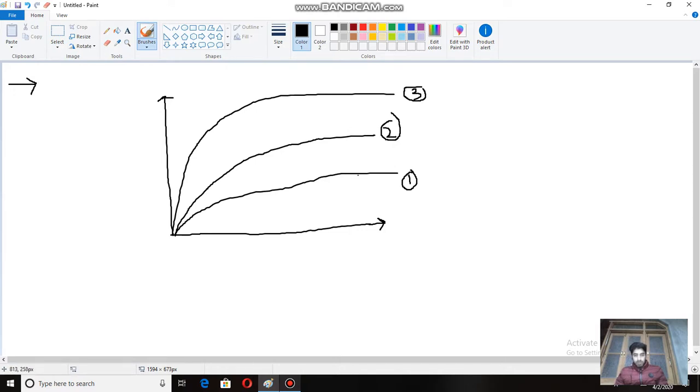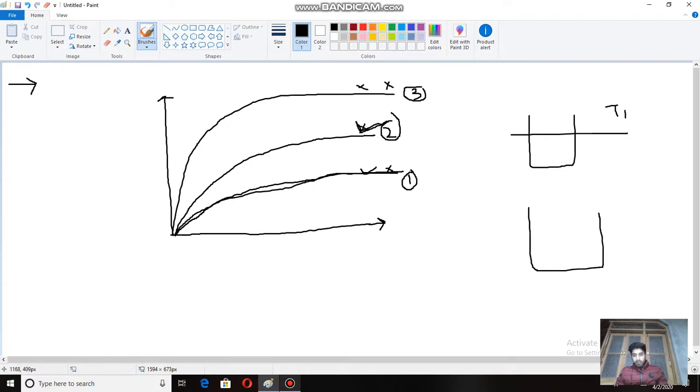First we draw this graph, forget about this and this. This was for the system which was at T1, so we get a curve like this. Now forget this and this, take this as your system, the system at T2, so varying its pressure we get a curve like this.